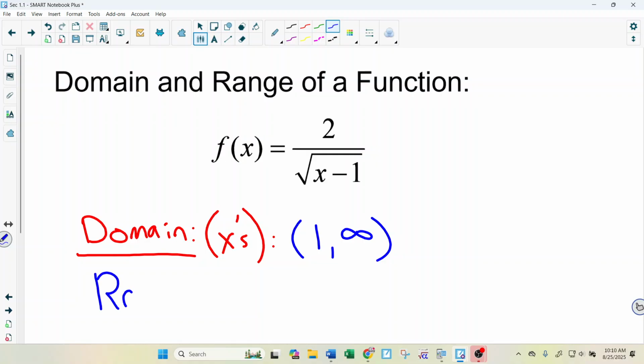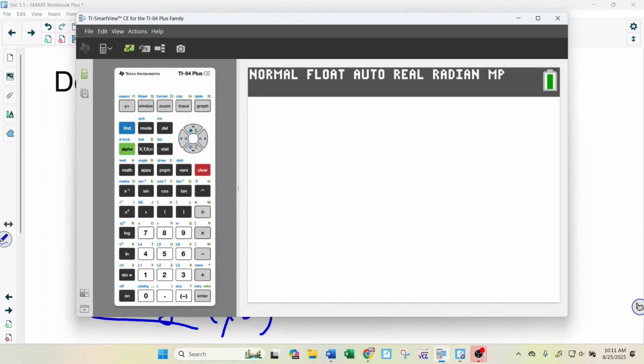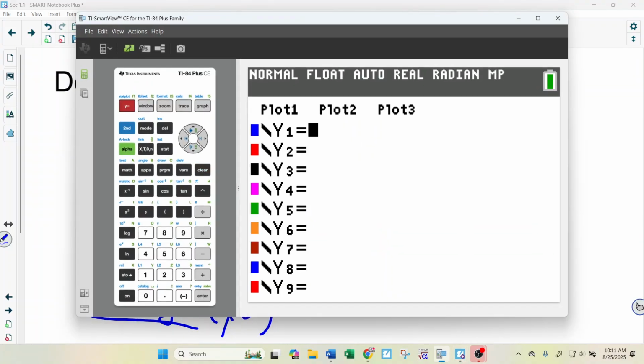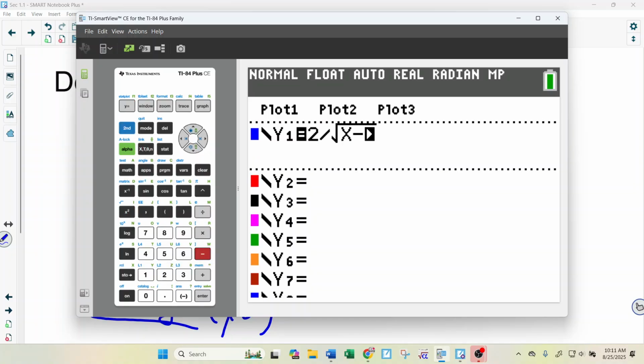Now, if we want to find the range, that is the y's. The easiest way to find the range is to look at the graph. So if I look at the graph, this is 2 divided by the square root of x minus 1.